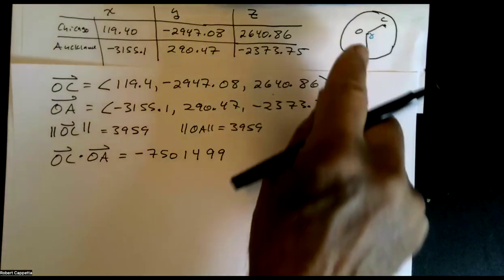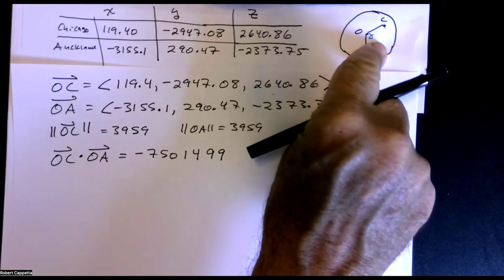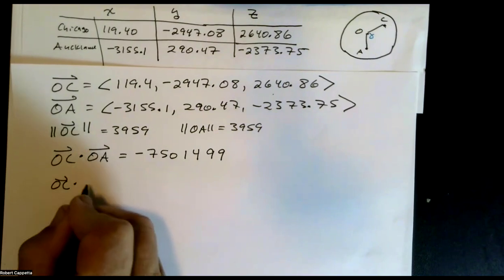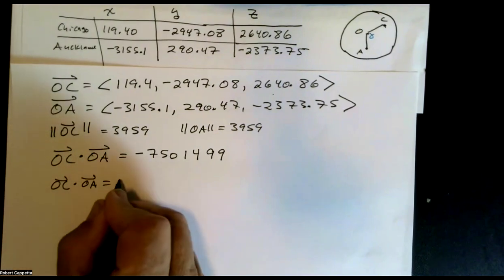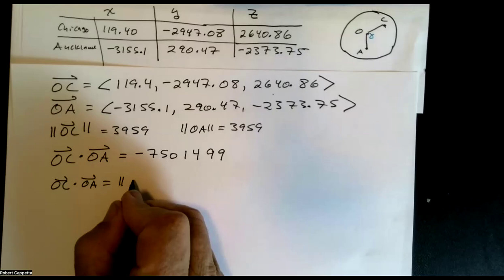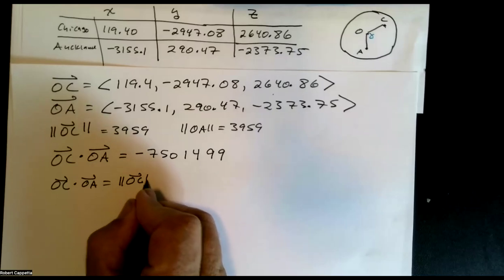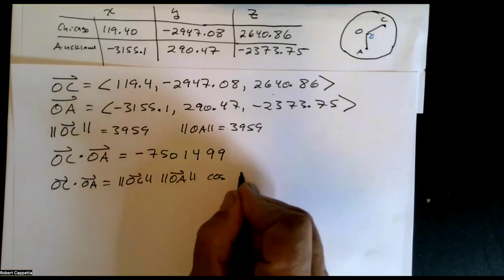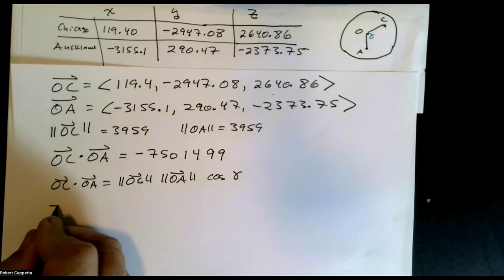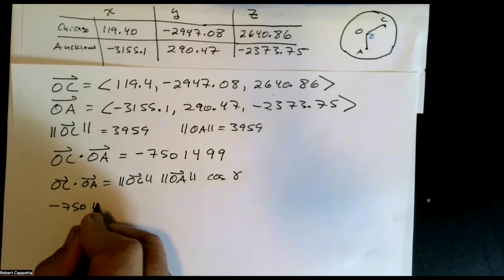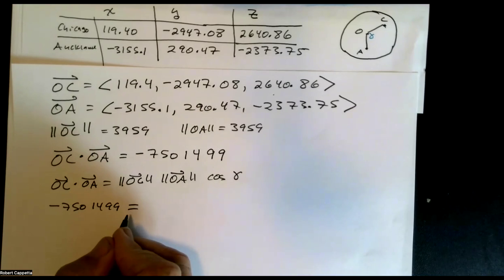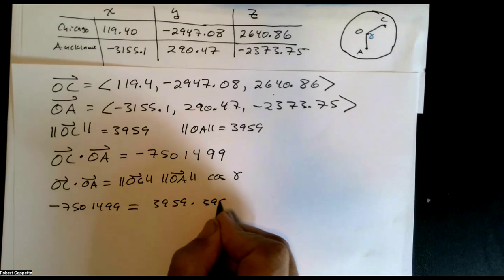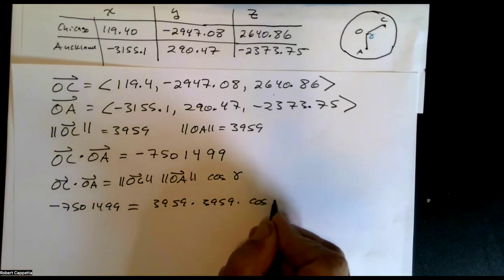And then how do we go ahead and figure out that angle gamma? What's our strategy? What's our rule here? We know that OC dot OA is magnitude of OC, which we know is the radius of the Earth, times the magnitude of OA times the cosine of gamma. So what we get here is negative 7501499 equals 3959 times 3959 times cos gamma.